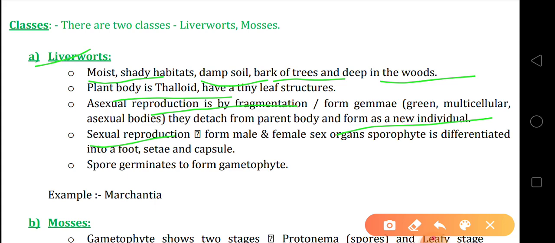Next, the spore germinates to form the gametophyte, as we discussed in the life cycle of the bryophytes, male and female gametophyte. An example of the liverworts is Marchantia. Marchantia is a kind of plant, children.